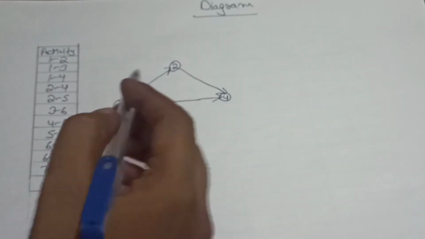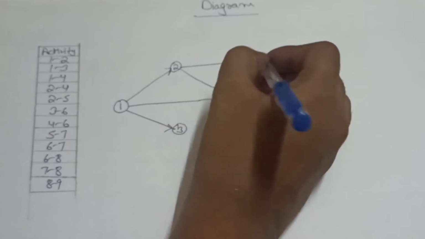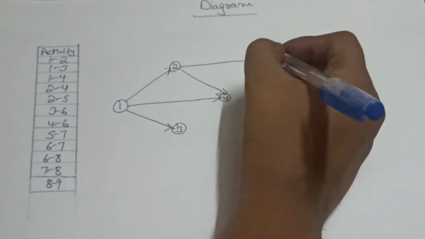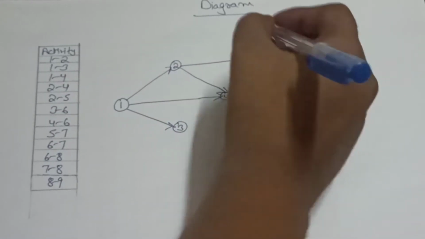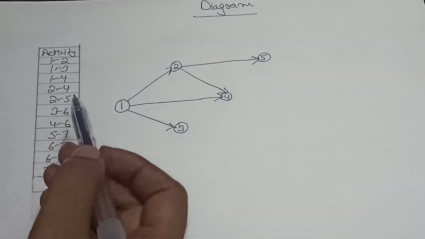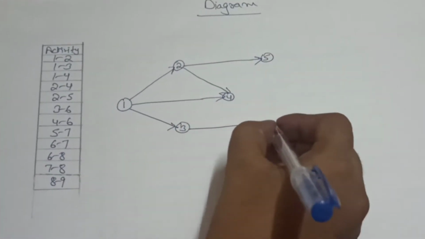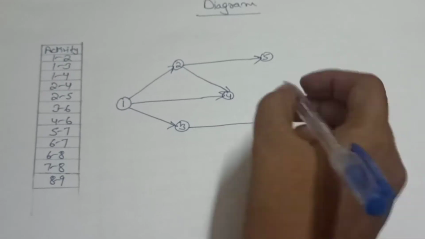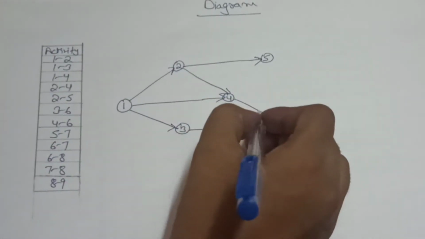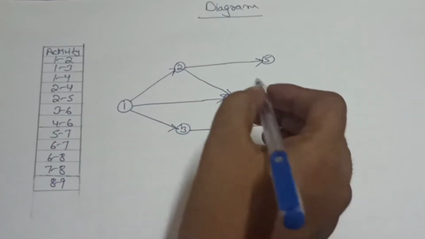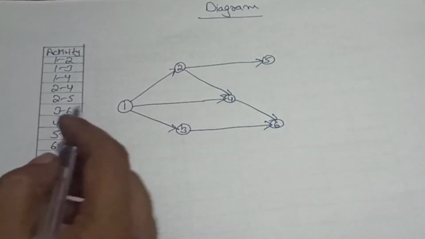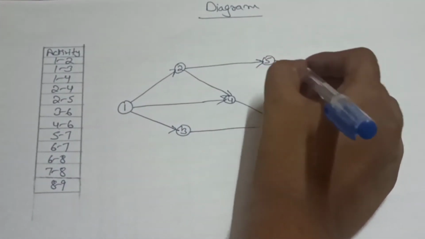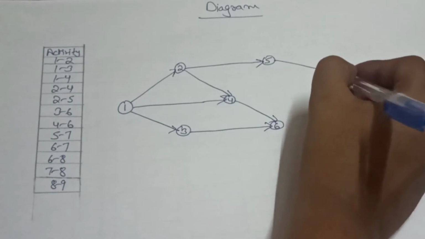Then 2 to 5. So we can draw the line like this. After that 3 to 6. Then 4 to 6. Then 5 to 7.